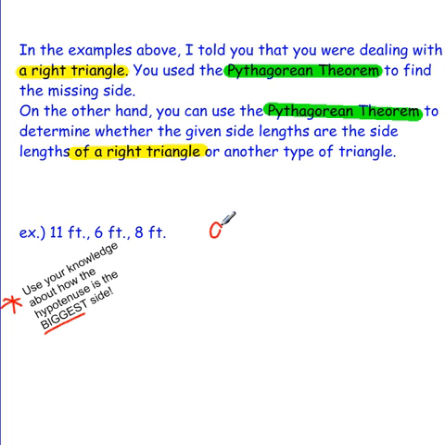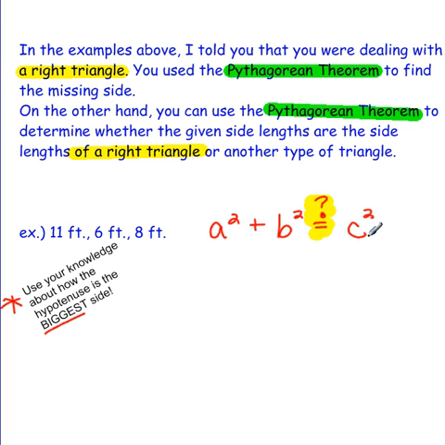So if we are going to figure out if these are the side lengths of a right triangle, this is what we want to know. Do the legs actually equal the hypotenuse length? Does this side equal this side? And if it does, then we do have a right triangle.